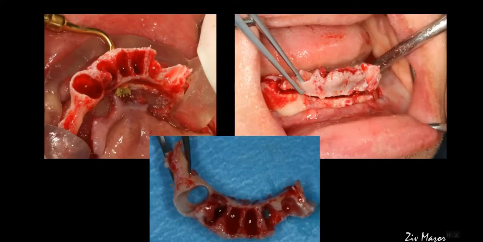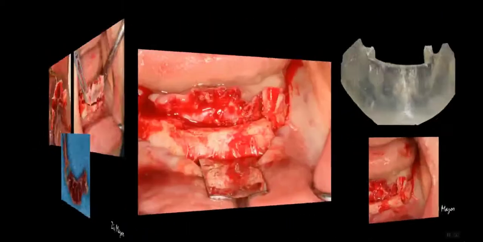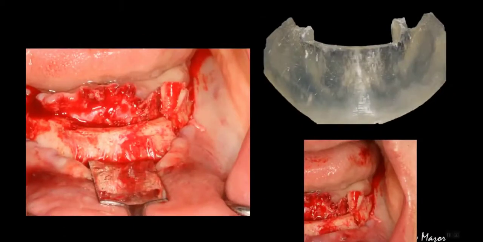We would take this chunk of bone, and now we have a few possibilities. We can grind it up and use it as our graft material, autogenous bone. So here is the ridge after cutting it, and you can see that it resembles perfectly what we had to begin with when we planned the case.